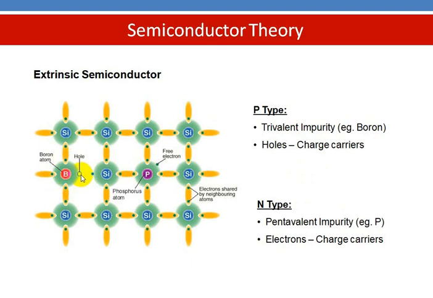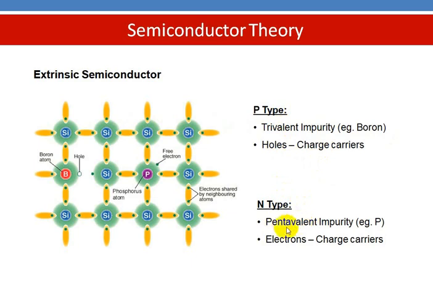That is called a hole. The holes will be the charge carriers in this case. If you dope silicon with a trivalent impurity, we get a p-type material, where holes are the charge carriers.